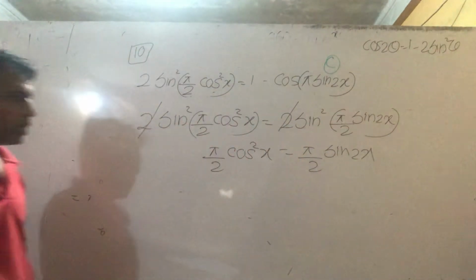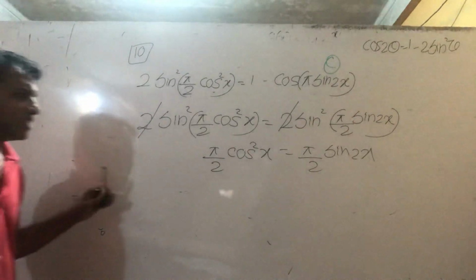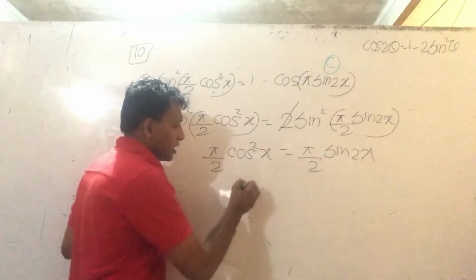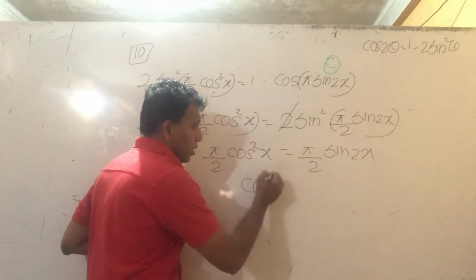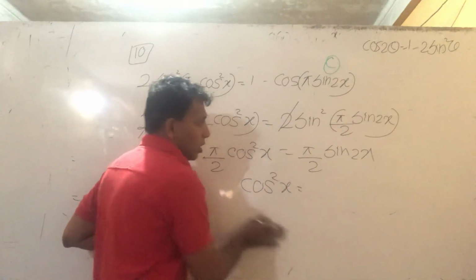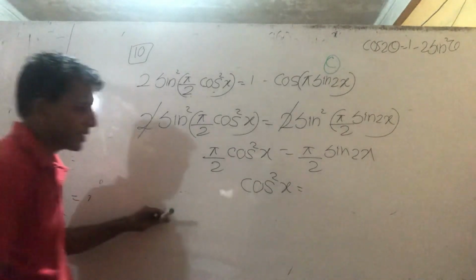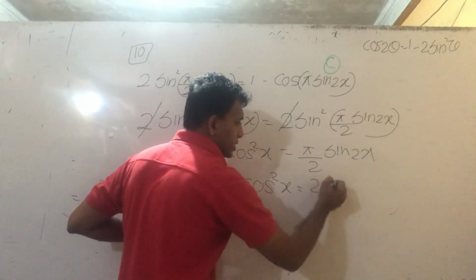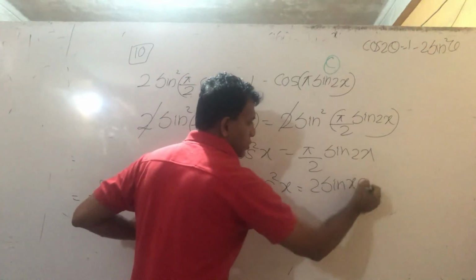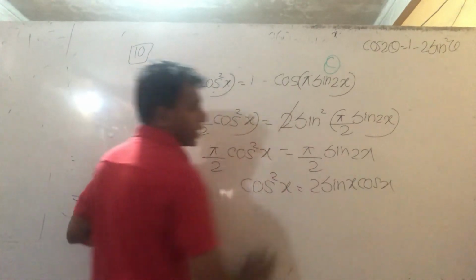They become cos²x equal to sin 2x. It's like a grade 12 part, right? Nothing much more in this question. Cos²x equals. Can I change sin 2x into the 2 sin x cos x pattern? 2 sin x cos x. Okay.